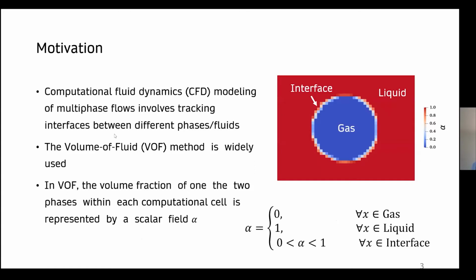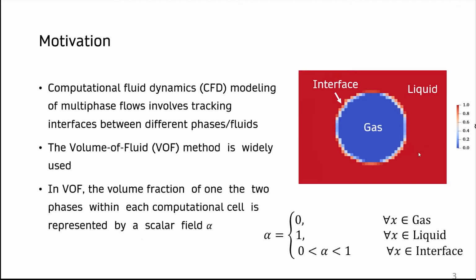In CFD, computational fluid dynamics, when modeling multi-phase flows, when we have multiple phases like gas and liquid interacting with each other, there is a technique called the volume of fluid method to track the location of the interface between these two phases. The example that I'm showing here is a gas bubble inside a liquid. The volume of fluid method assigns a scalar field, here we call it alpha, to the phases, and it takes a value between 0 and 1.